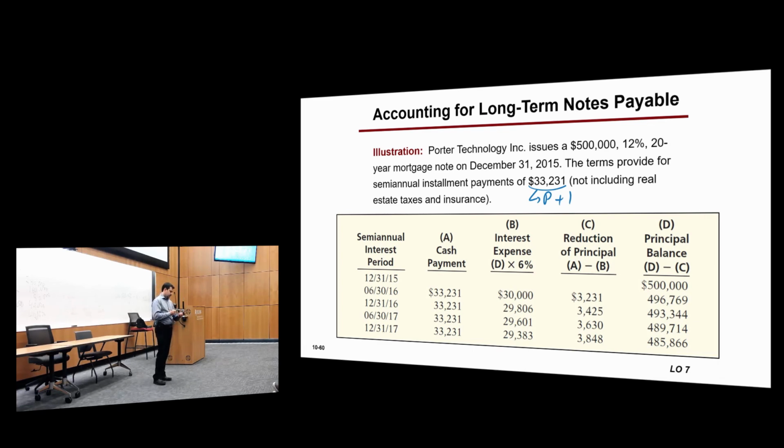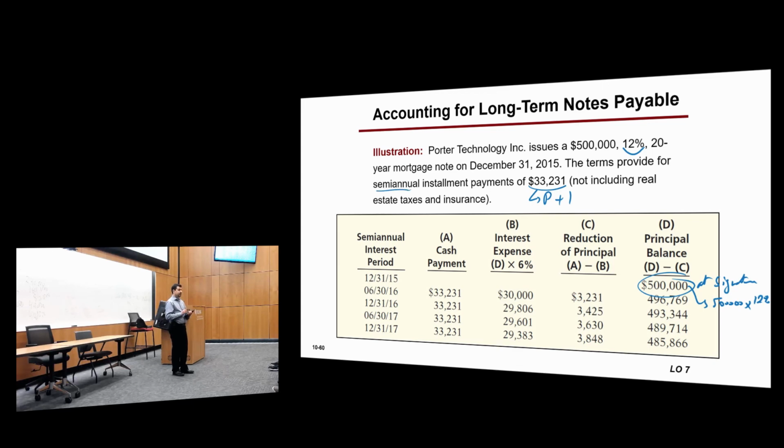How do you calculate that? The original amount, this is when the note payable was signed. How do you calculate interest expense? You multiply the 500,000 face value by the interest rate, which is 12%. How many months do we have for each payment?